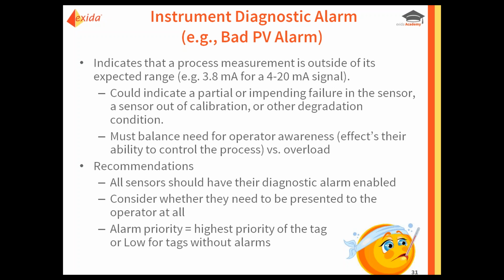What if you have an analog point that doesn't have any other alarms? Do you need to have the bad PV alarm? How do you set the priority of the bad PV alarm, maybe in relation to the other alarms from that tag? So there's a lot of things to think about or to consider when it comes to implementing bad PV alarms or instrument diagnostic alarms. So the document gives some guidance that can be applied to hopefully help you optimize the way you're doing it.